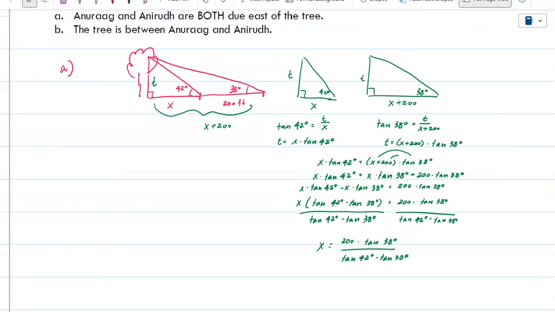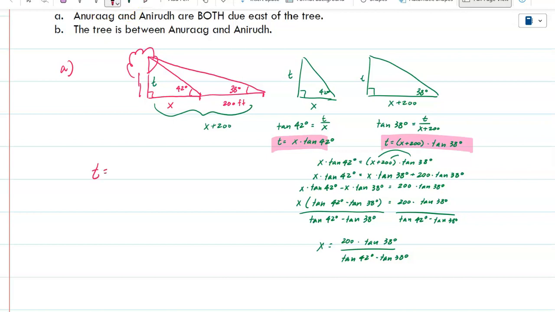We could use either of these equations when we actually solve for t, using what x is. It just needs to have that substituted for x. I'm going to use the first equation because it's the easier looking one.